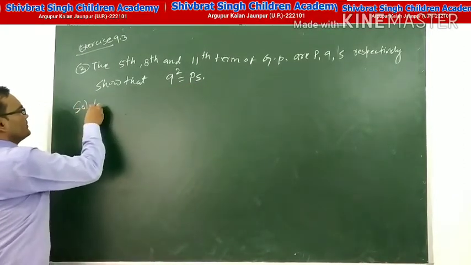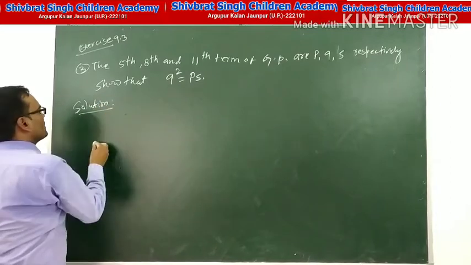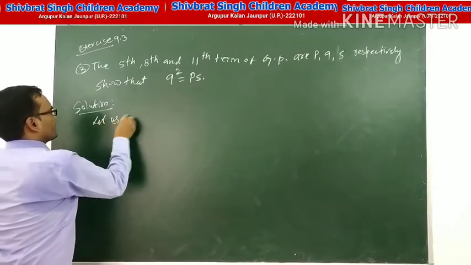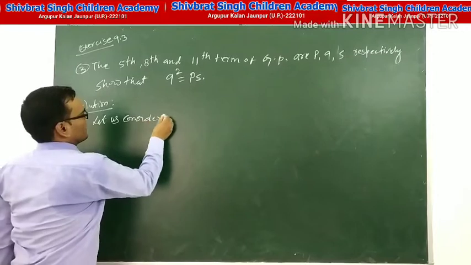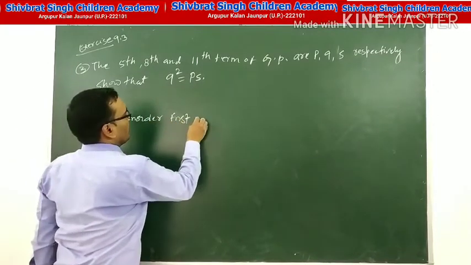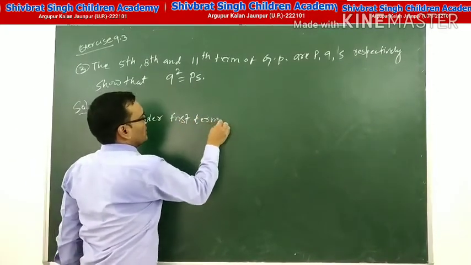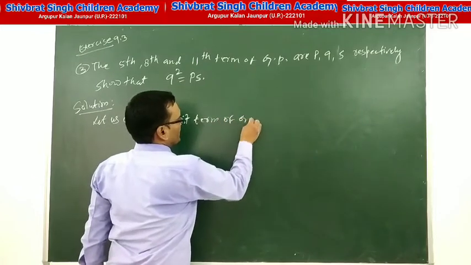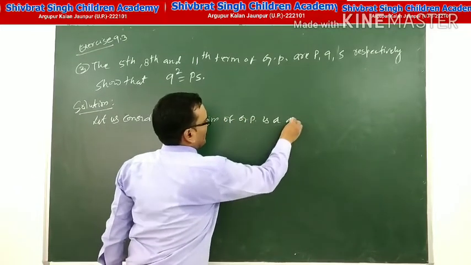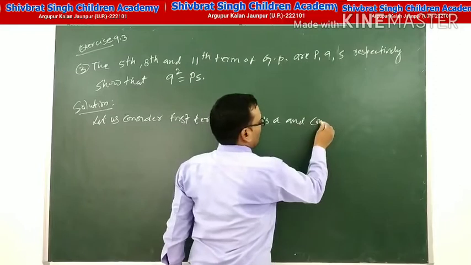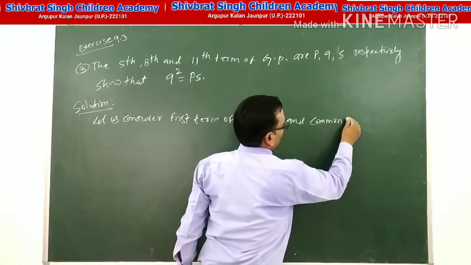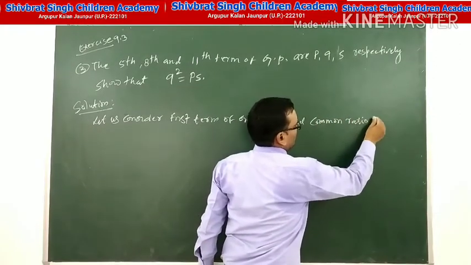Solution. Let us consider the first term of the GP is a and the common ratio is r.